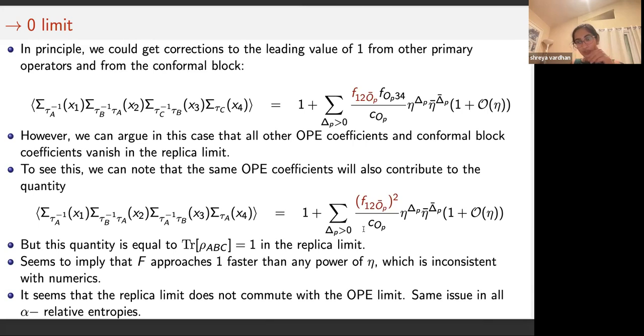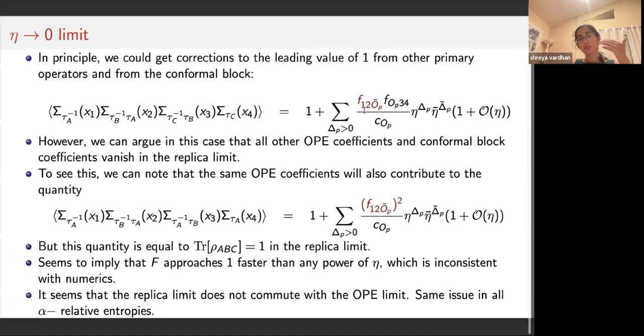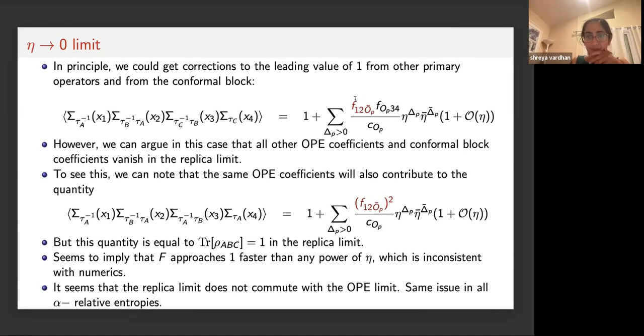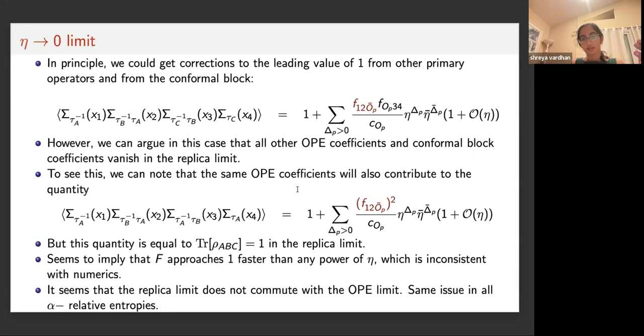So all of these OPE coefficients should just vanish. But these are the same things which appear in this quantity. So this seems to be telling us that there should be no perturbative corrections from 1 in this OPE limit.